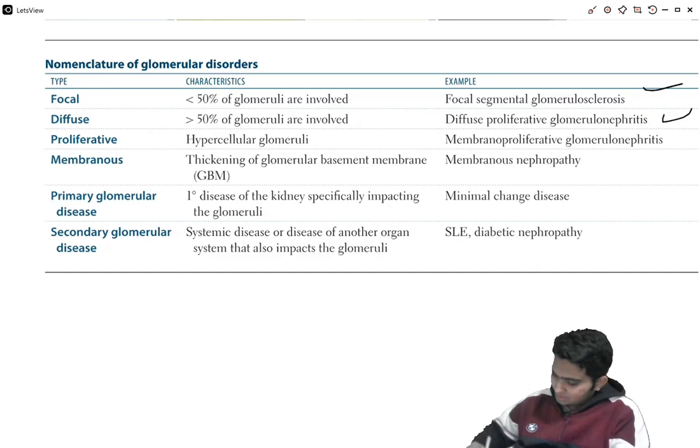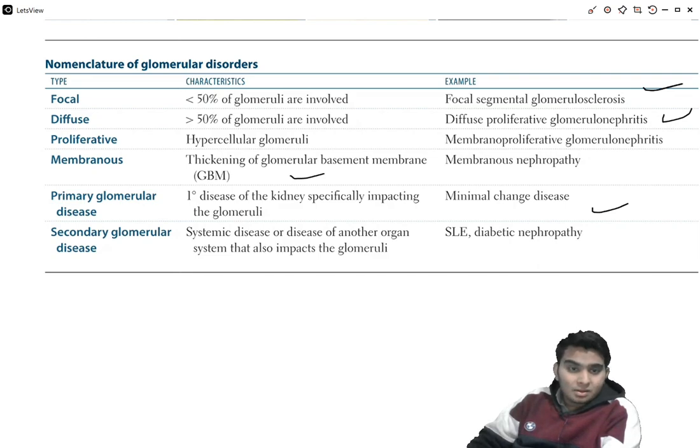Membranous means thickening of glomerular basement membrane, as in membranous nephropathy. Primary glomerular disease is a primary disease of the kidney, specifically impacting the glomeruli, such as minimal change disease.